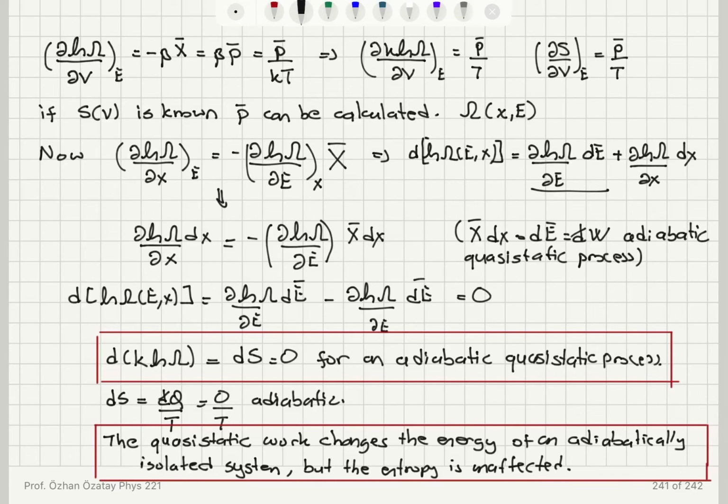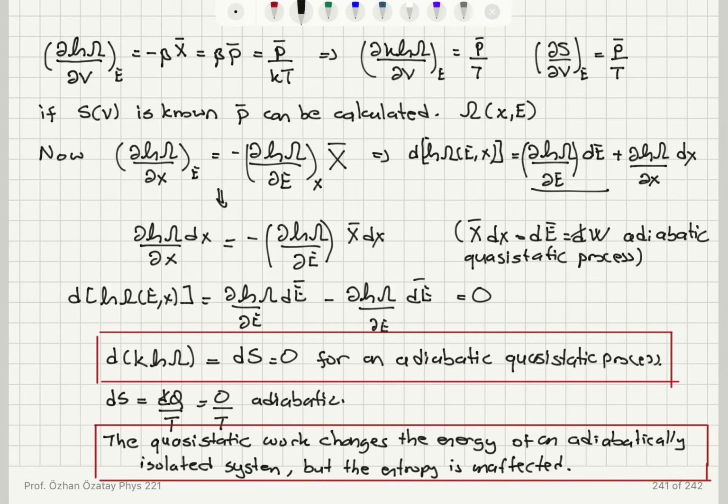And the change in the entropy, if you look at the infinitesimal changes in ln omega, first you have to take a derivative with respect to energy for constant x multiplied by dE, and then take a derivative with respect to x for constant energy multiplied by dx.